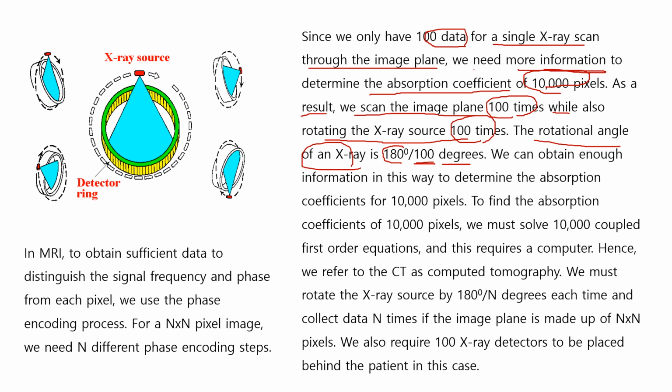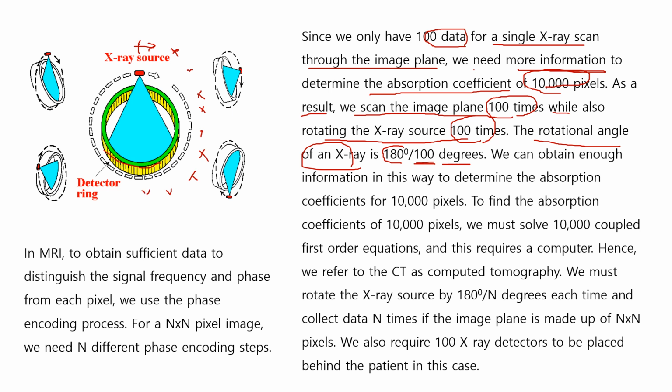So for the first scan, we do not rotate the X-ray source, and in the next step, we rotate the X-ray source 1.8 degrees, and then take data, and next 1.8 degrees more, so a total of 3.6 degrees rotated, and then have data. So in this way, we can have 100 scans.